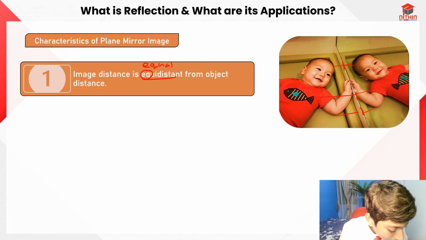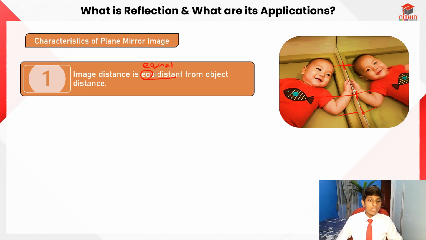We can see that the fish head is also the same amount. So all of these are equidistant, making the image equidistant from the actual object.